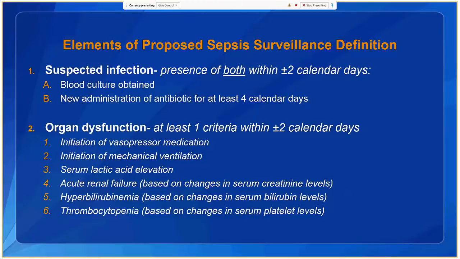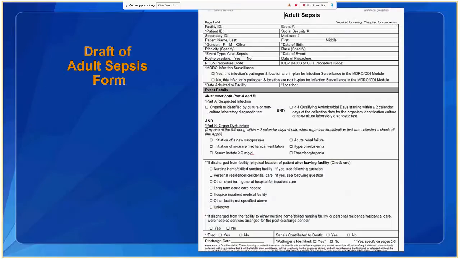Now, if you go back to the previous slide, thank you. This is a draft of a sepsis surveillance form that can be useful for trying to visualize what this would look like. If we can go forward 2 slides, please.